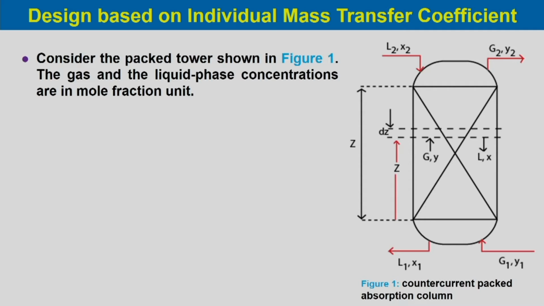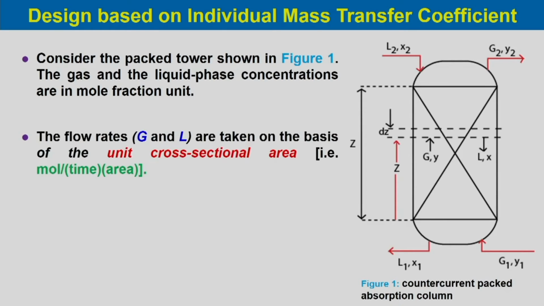Consider the packed tower which is shown over here. The gas and liquid phase compositions are in mole fractions, that is small x and small y. The flow rates G and L are taken on the basis of unit cross sectional area, that is mole per unit time per unit area.